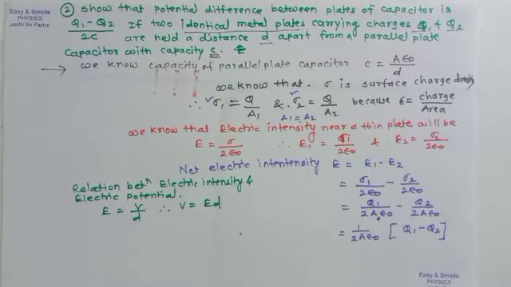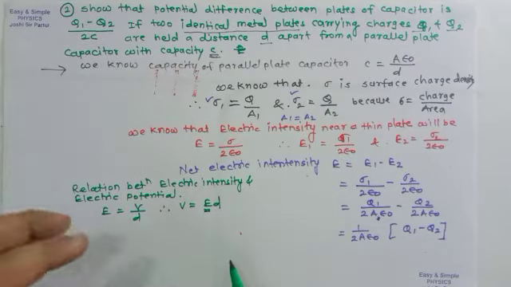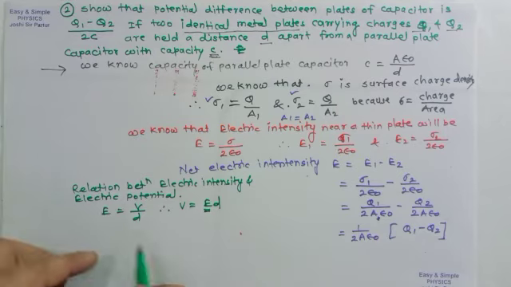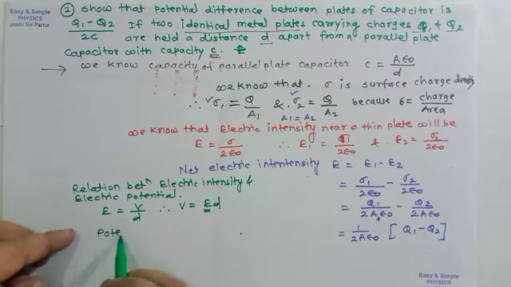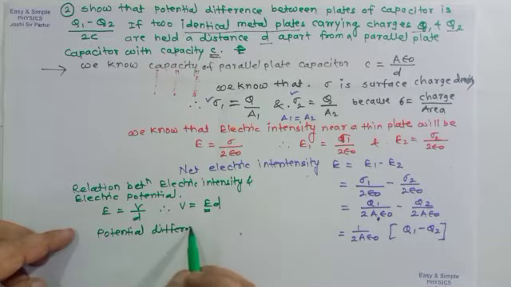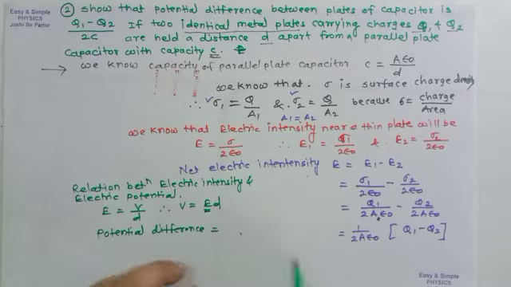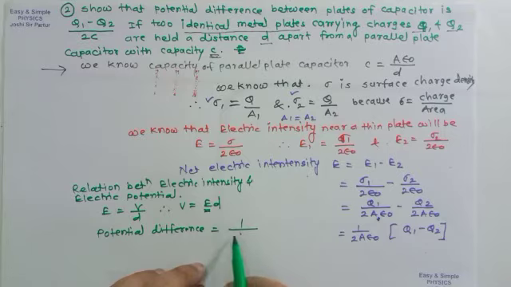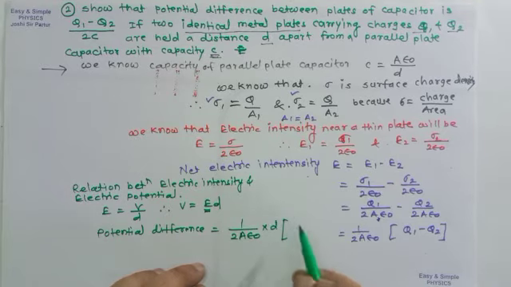If we substitute the value of E, the potential difference is equal to 1 upon 2A epsilon 0 into D in bracket q1 minus q2.